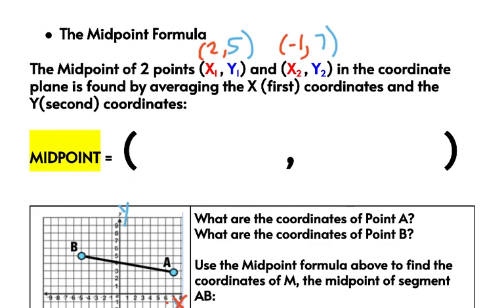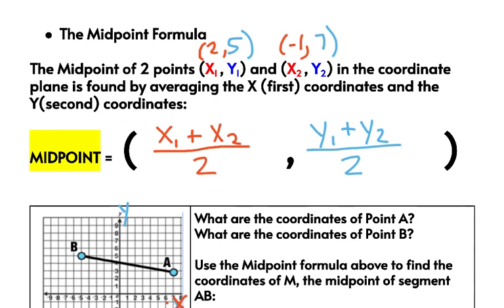All you do to find the midpoint is you average the x's. Well, remember, to find an average, you add and divide by how many? The second coordinate would be found by adding the y's and dividing by 2.